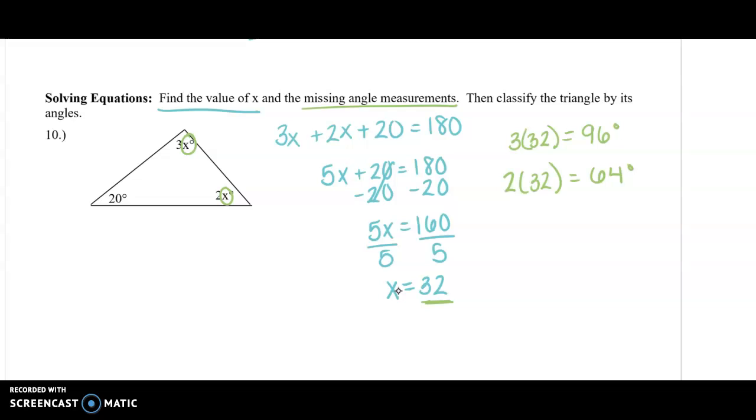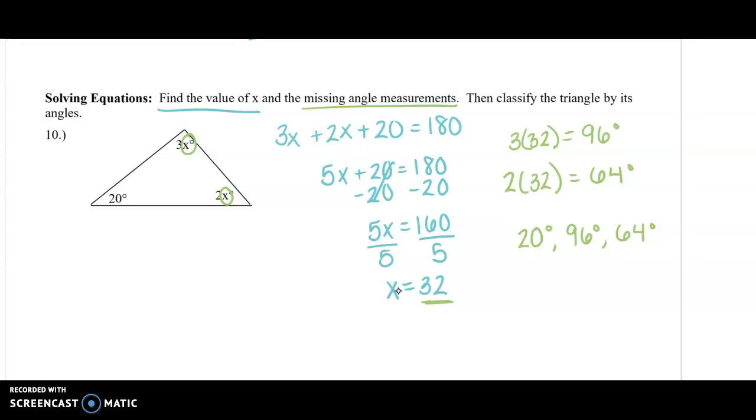So I have my three angle measures: 20 degrees, 96 degrees, and 64 degrees. If you wanted to check those, you add those up. 20 plus 96 is 116, plus another 64, 180. So we know we did that correctly.